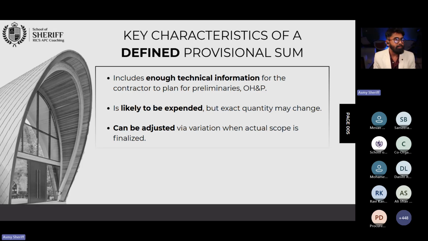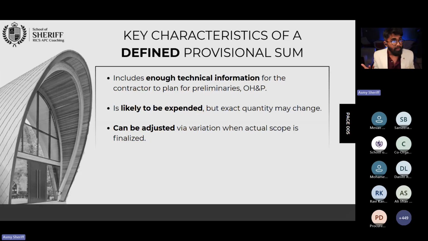What will happen? The contractor, without doing any work, is going to earn good preliminaries, right? He anticipated the client may award this mock-up building. Based on that, as a defined provisional sum, he inserted some preliminaries within his program and contract amount. Suddenly the employer says he's not going to go with that. So the contractor will be happy.